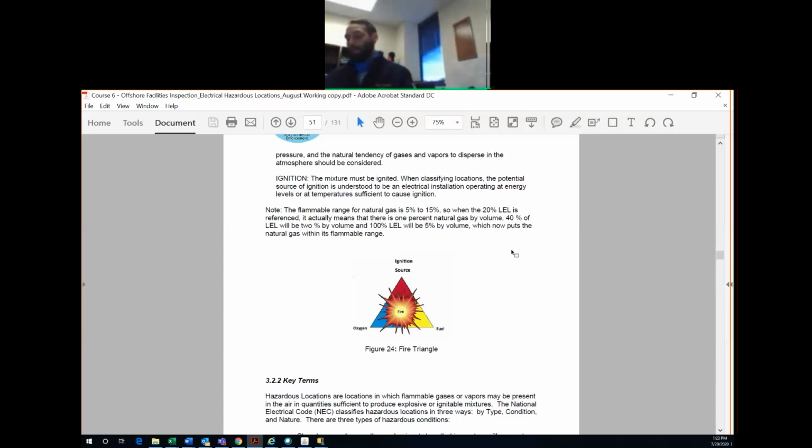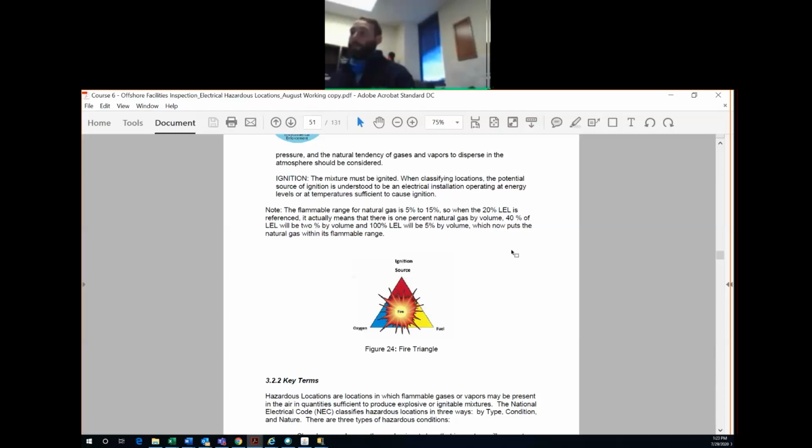It means that it has to constitute 5% to 15% of the atmosphere at the time. So the atmosphere has to be 5% natural gas for there to be an ignitable atmosphere, given a certain volume, right? So we don't really use that a lot, but it's just important to know that it only is 5%.